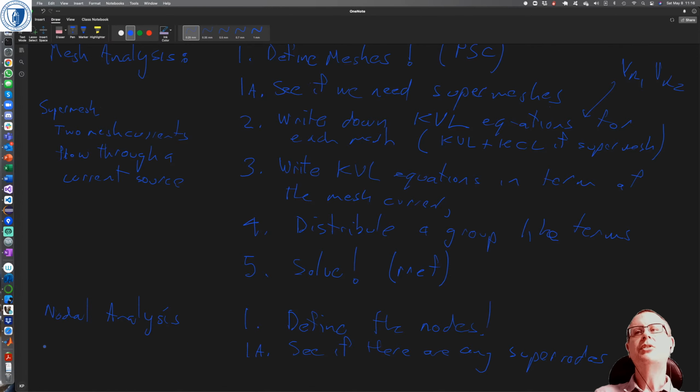Right? And a supernode is when there's a voltage source connected between two non-reference nodes.